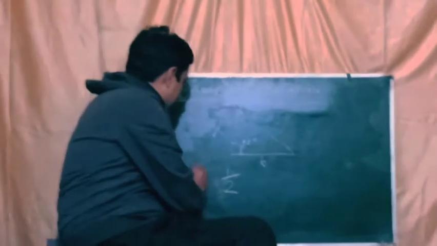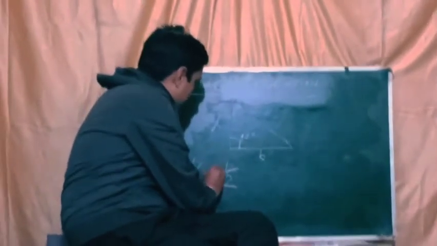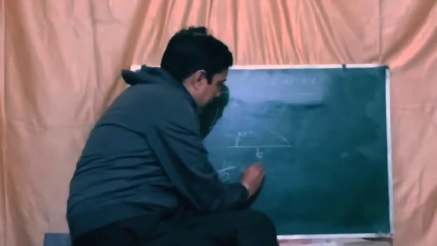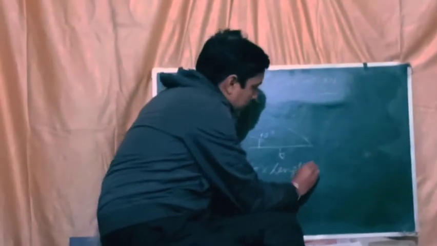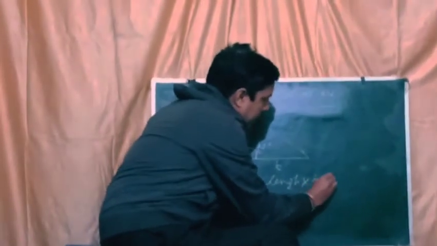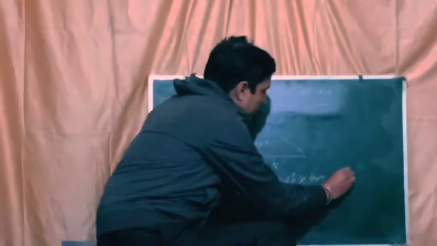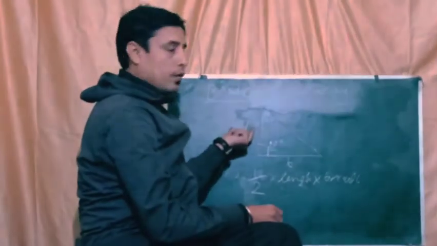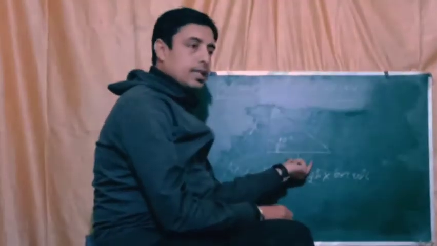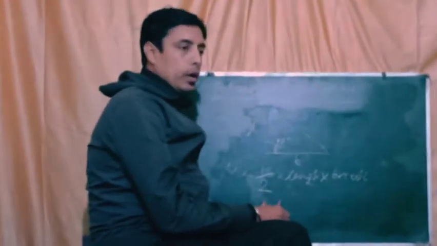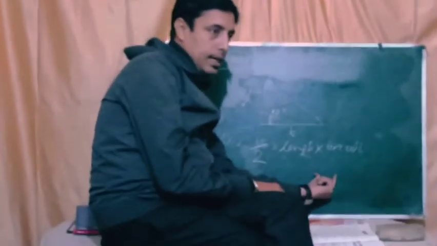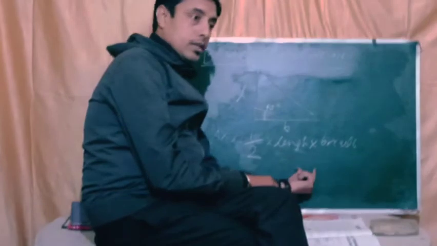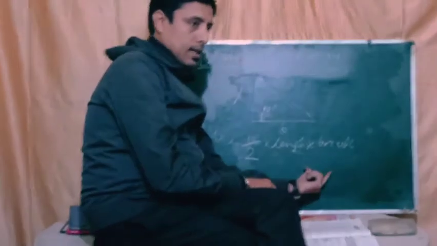Area is equal to 1 by 2 into length into breadth. Suppose this is 4 centimeter, this is 3 centimeter. So 1 by 2 into 4 centimeter into 3 centimeter, which is 6 centimeter square.